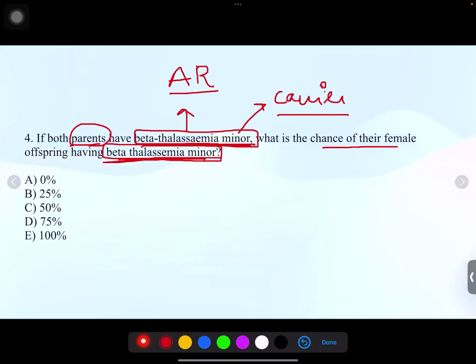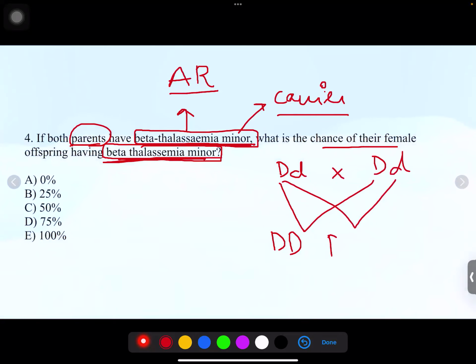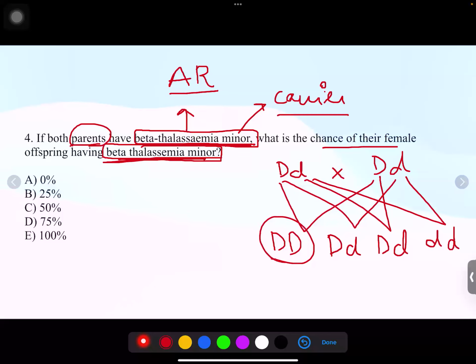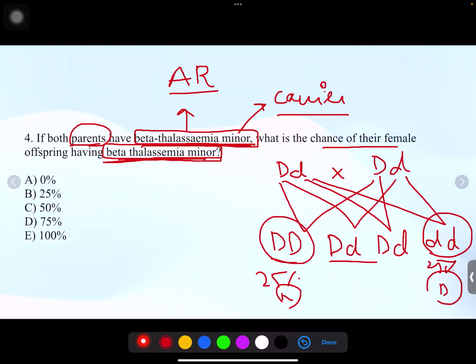We have done it earlier: if one is a carrier and the second parent is also a carrier, what are the chances? This one is normal, this one is a carrier, again this one is a carrier, and the last one is diseased. So 25% normal, 25% diseased, and how many carriers? 50%. So that's how you draw a pedigree.